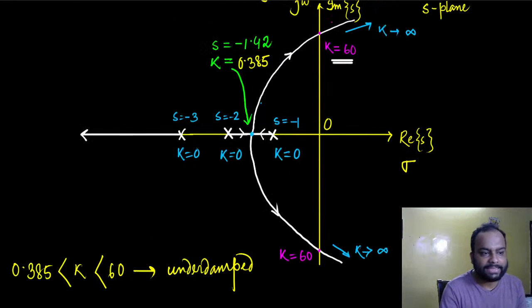The idea is that if you have a pole pair on the imaginary axis, then the system becomes marginally stable, so the system becomes undamped. It wouldn't matter whether I have poles on the real axis or other poles here, their damping conditions wouldn't matter.